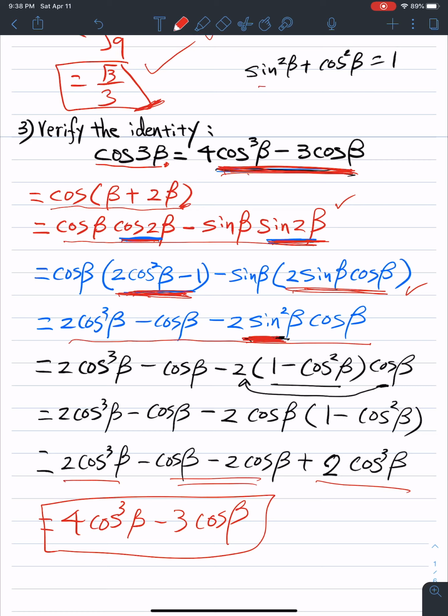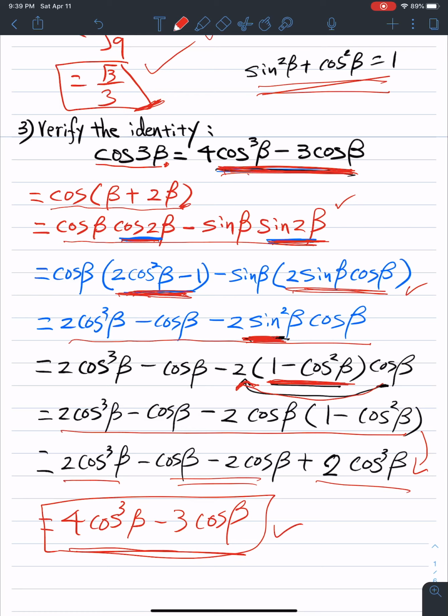I am using the formula we learned previously: sine squared plus cosine squared equals 1. So I got right here. And then I move the cosine to the front and distribute. Combine like terms, I got that. So that's exactly the same as right here. So I'm done with the proving.